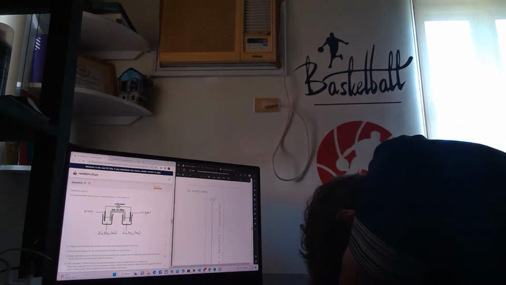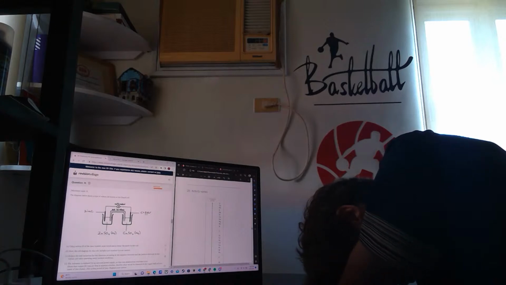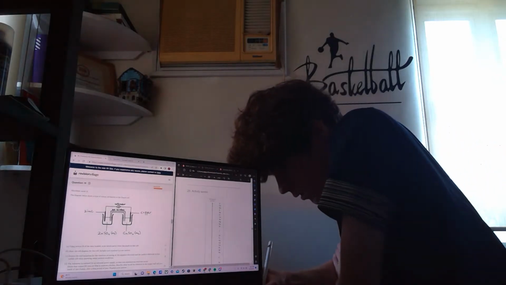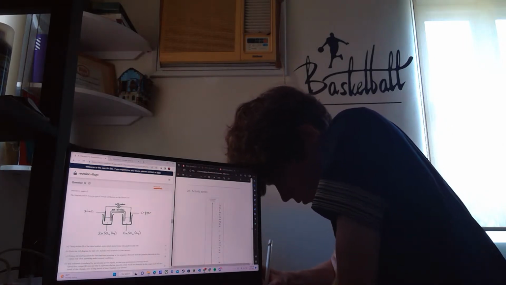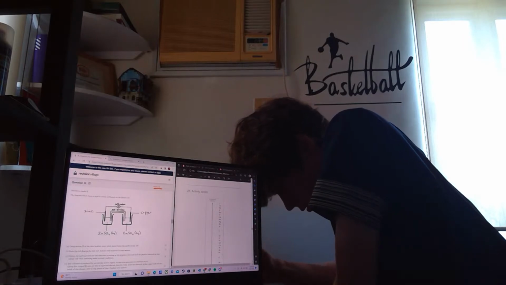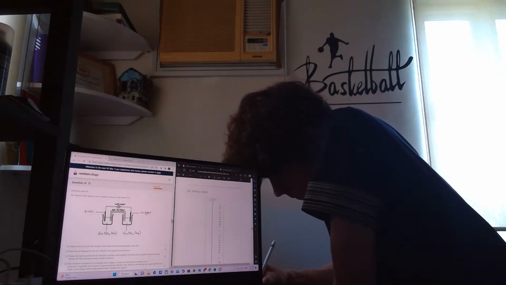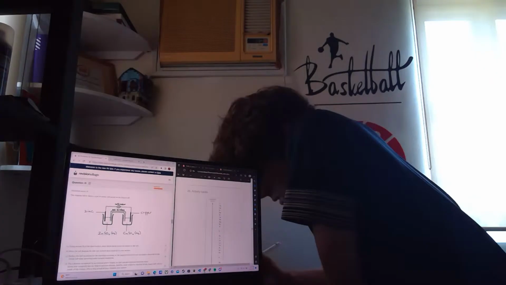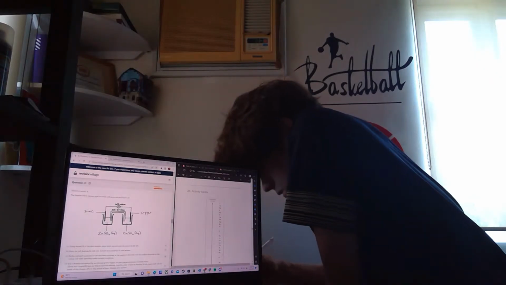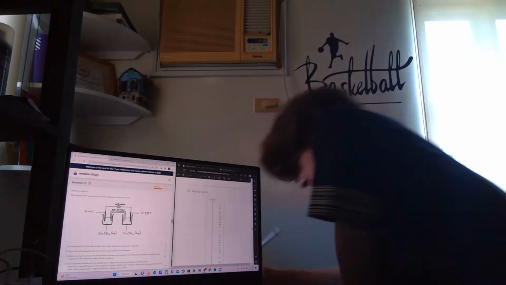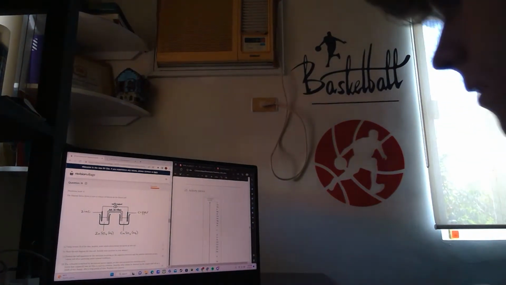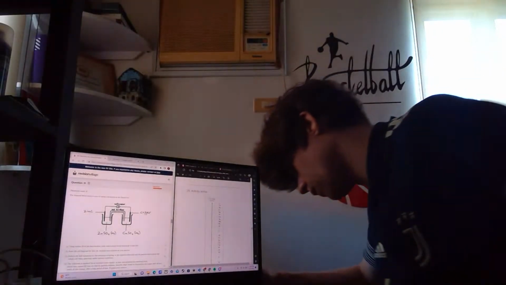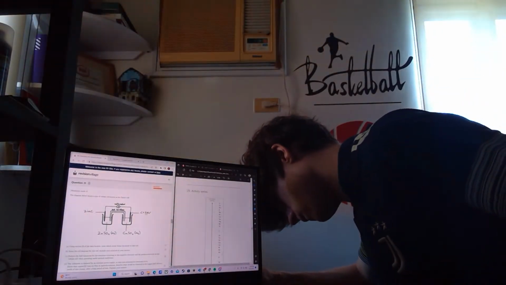Why? Because according to LEO RA GER OA. No. So the one being reduced, so zinc. That's why it didn't sound right to me. Zinc is the anode.